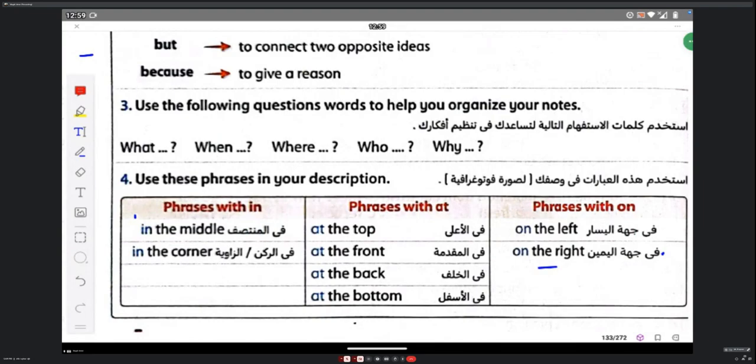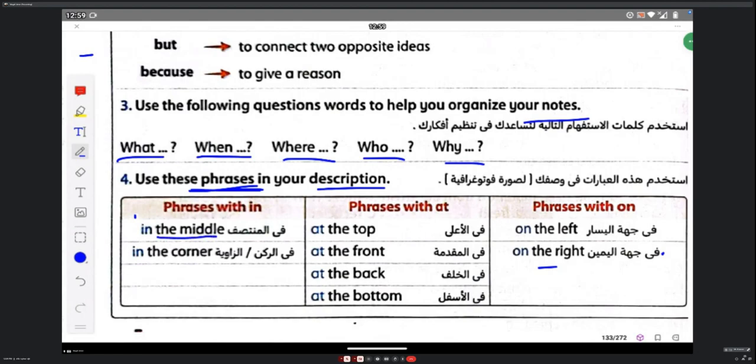Use the following question words to help you organize your notes: what, when, where, who, why. Use phrases. Phrases means a group of words which doesn't have a verb or a subject. They can come as a subject or as an expression in your description.